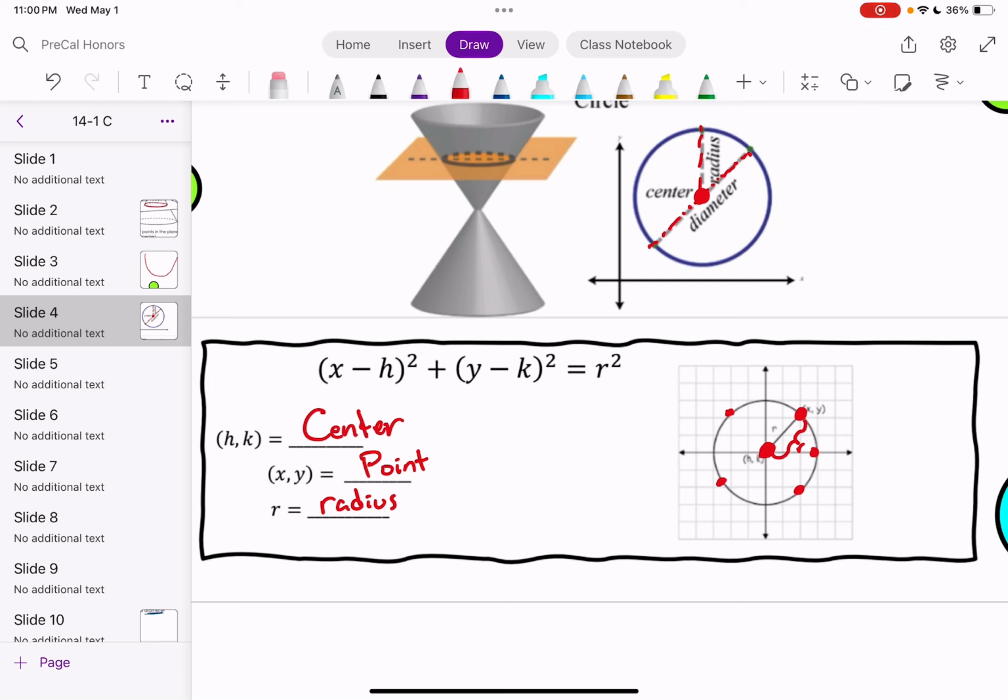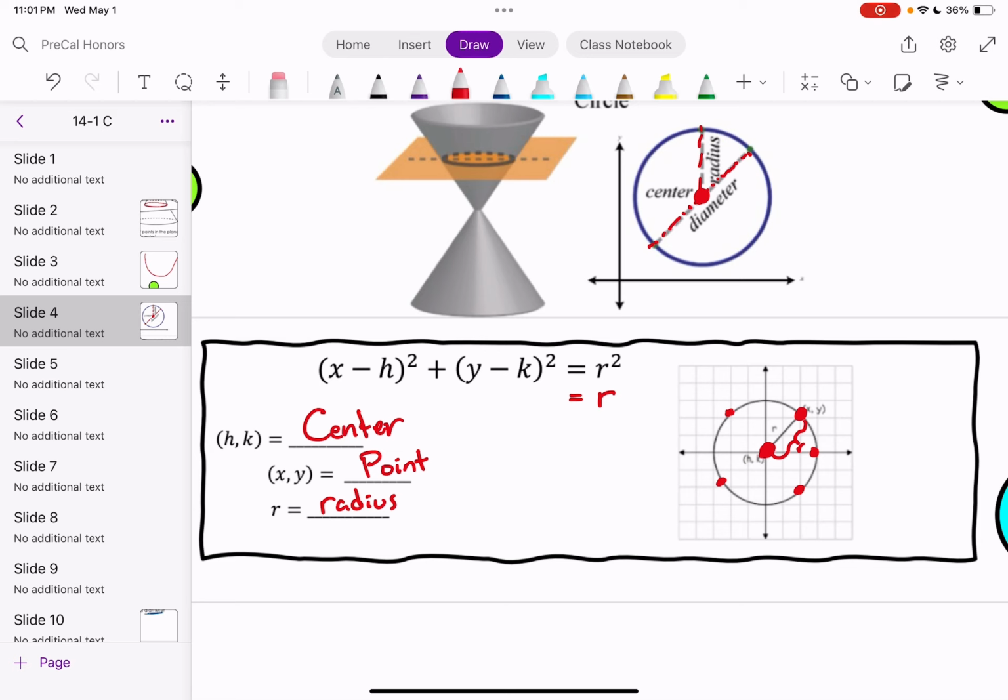Now, in the equation itself, we are solving for r squared. If you are trying to isolate the actual value of r, one of the easiest ways is to rewrite the equation in a way that makes it most beneficial, which would be to take the square root of both sides.